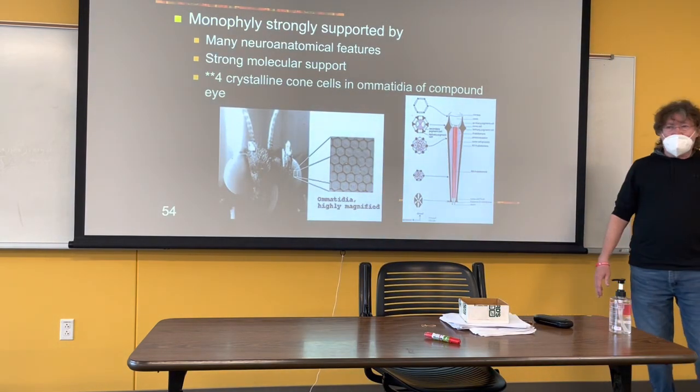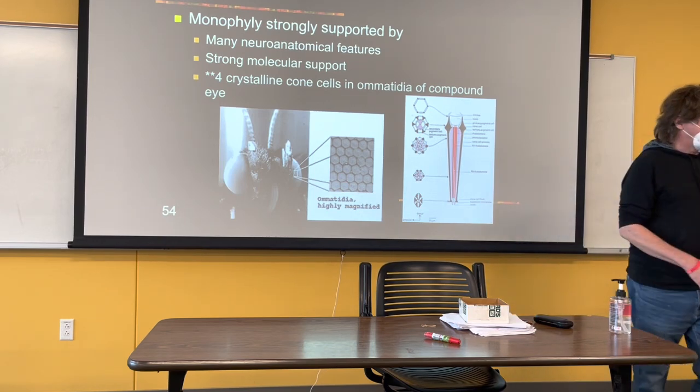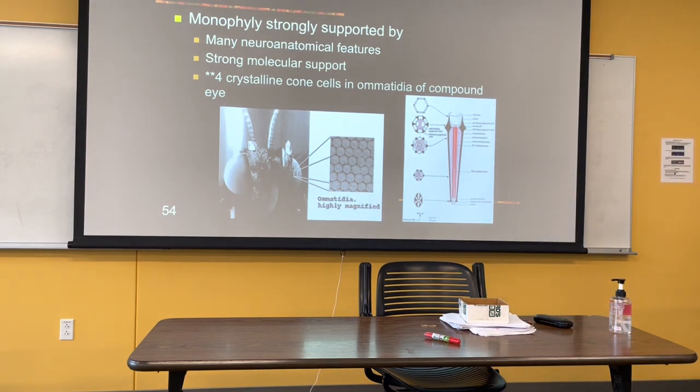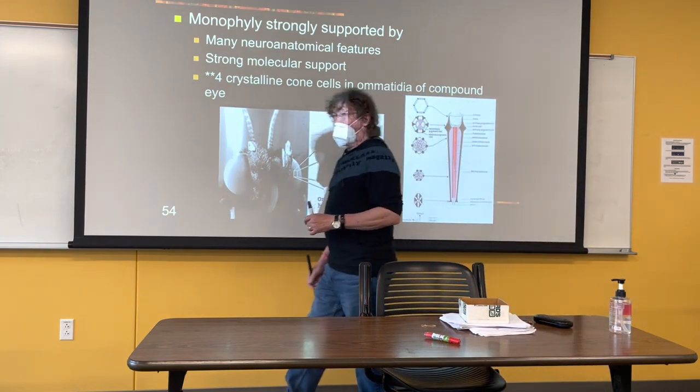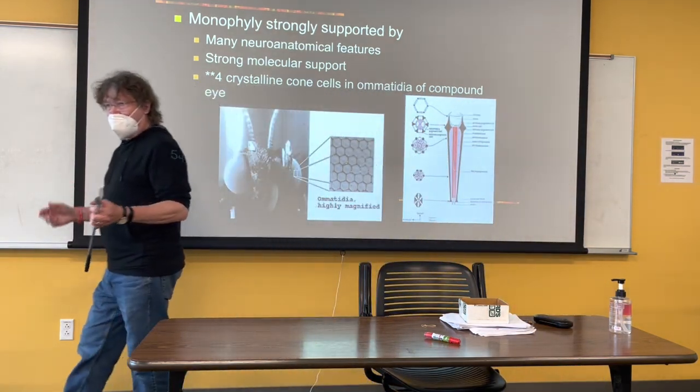Okay, and then the last clade, which I'll also divide up a little bit more out of the Mandibulata, Pancrustacea. It used to be thought that insects and centipedes and millipedes were close relatives.